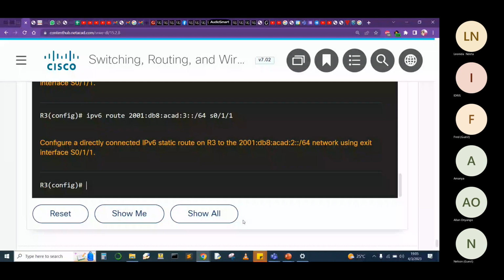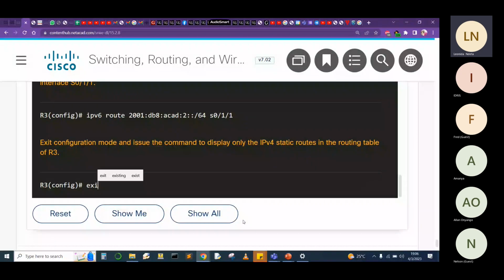Want us to exit this configuration mode? Excuse me. I don't know if it's only from my side because we can't see the demonstration. I can't see also. I've even restarted. Oh, it's delaying. So you're not able to see it.